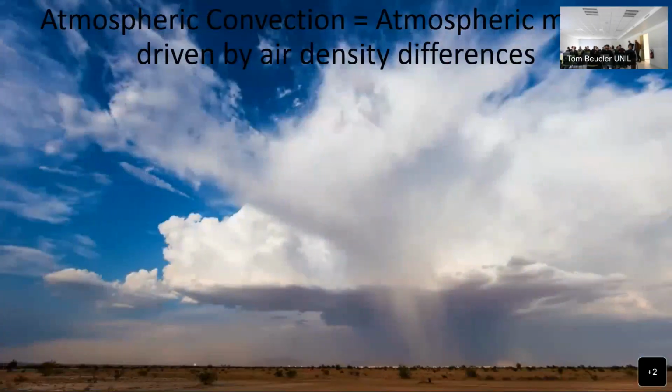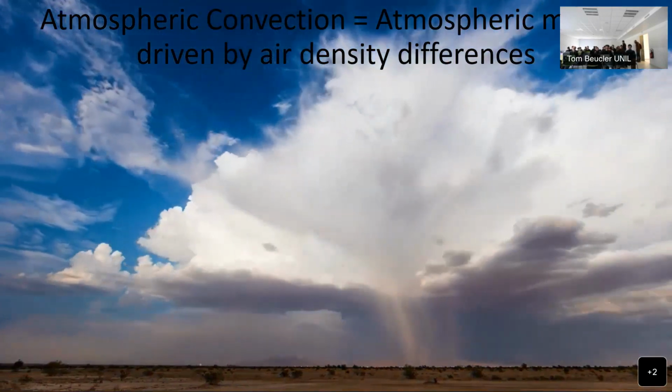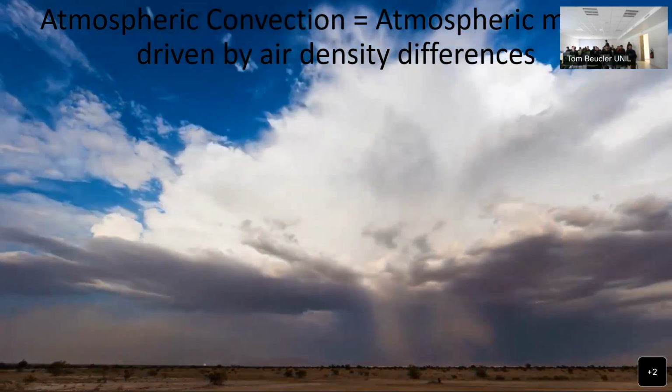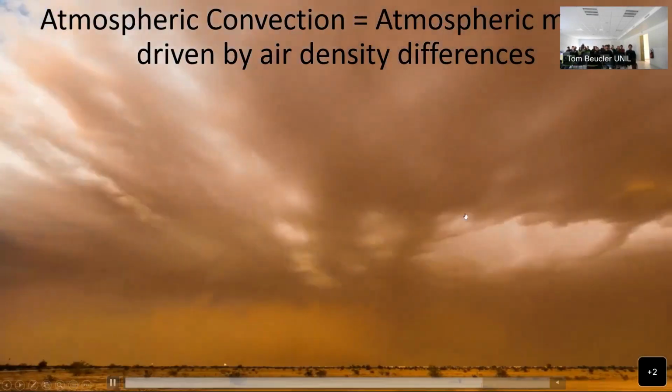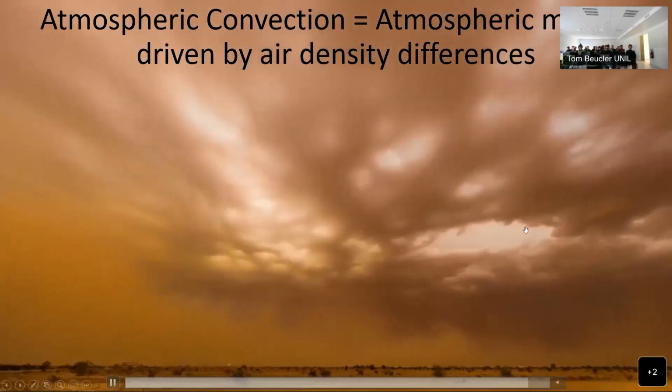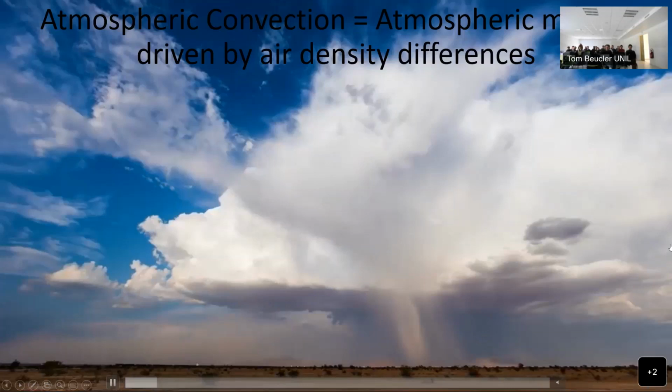So just as a quick reminder, atmospheric convection can be broadly defined as any atmospheric motion driven by air density differences. So this is a movie from a storm chaser whose videos I really, really love. So it's from the North American monsoon.